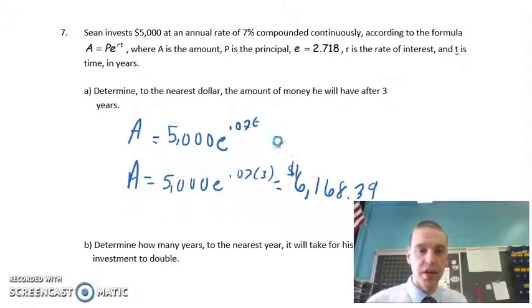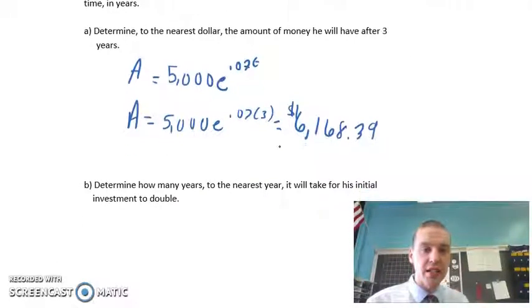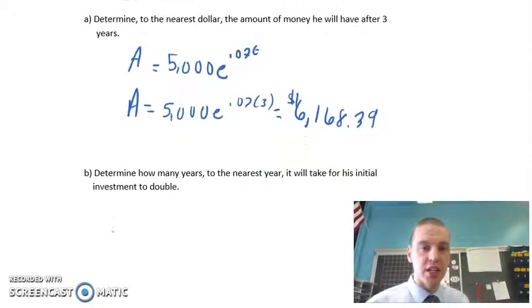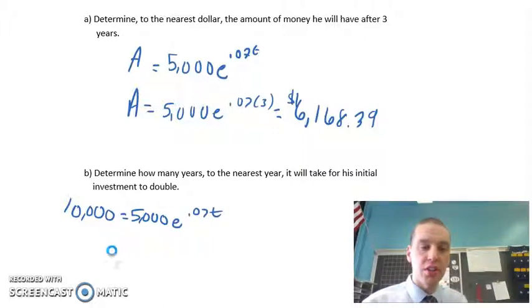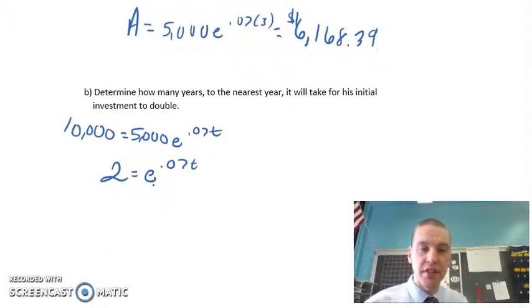$6,168.39. The question next is, how many years will it take to double? When we talked about this last time, we know that 10,000 is the amount that it's doubled versus if it starts at 5,000. But remember that you can always, if it's doubling, just set it equal to 2. And now the question is, how do we get rid of e?